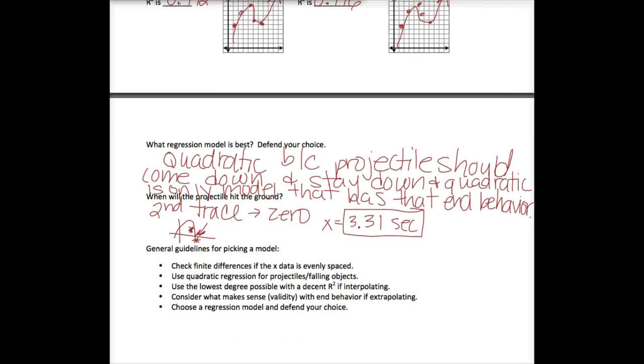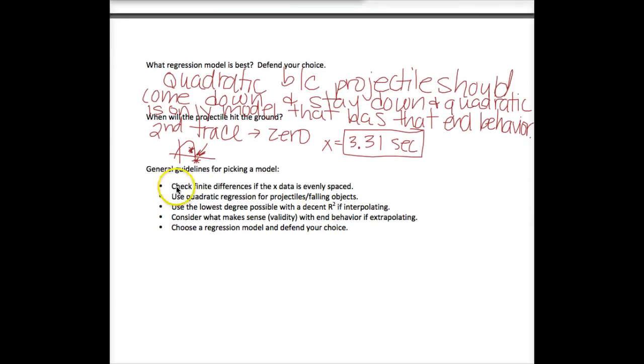So to summarize your general guidelines, check the finite differences if the data is evenly spaced. It's not always going to help, but if it is, that would be a big help. Always, always use quadratic for projectiles and falling objects because that's how gravity works. So if it's something that's falling or being thrown and then falling down, always use quadratic.